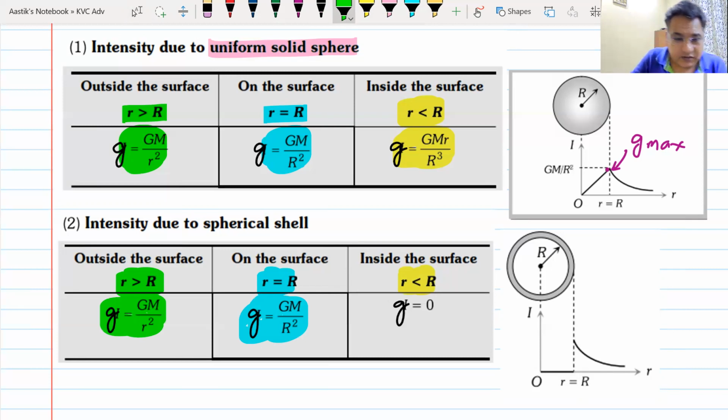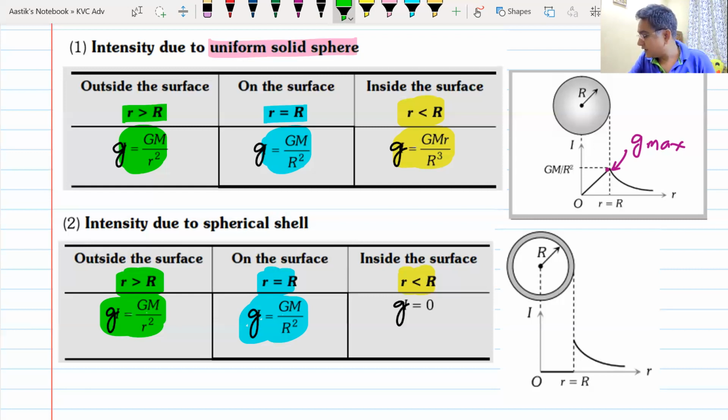Shell, hardly you will find any question, and the rest are more rare. But I will just give you the formula because I have seen a couple of questions on this. I've also seen a couple of questions on point line masses, which we'll discuss in the electrostatic chapter, because we will have more time over there. Have you noted down these two formulae?